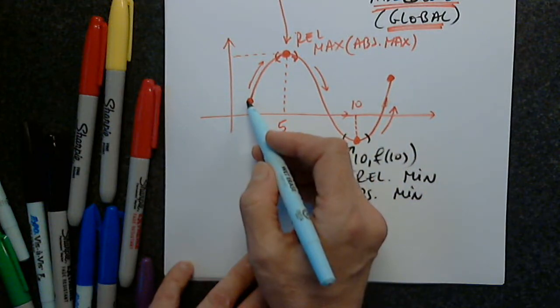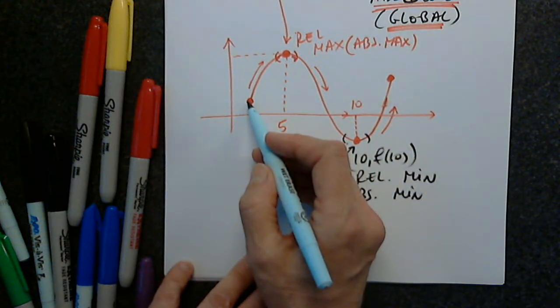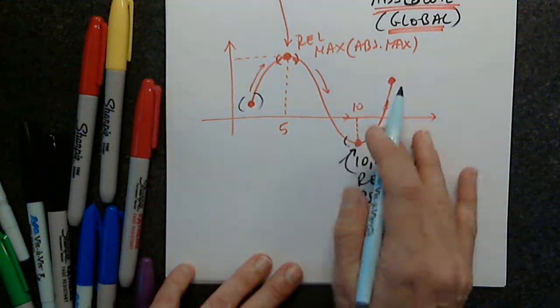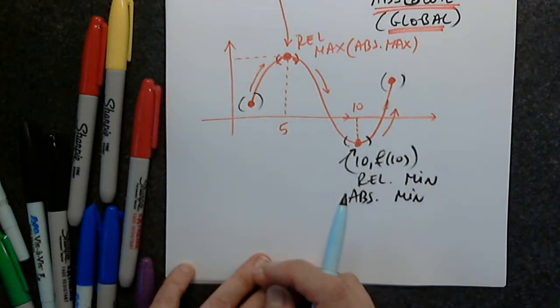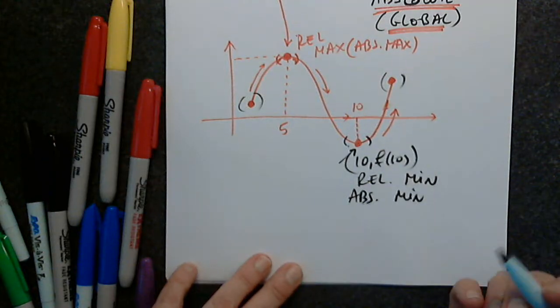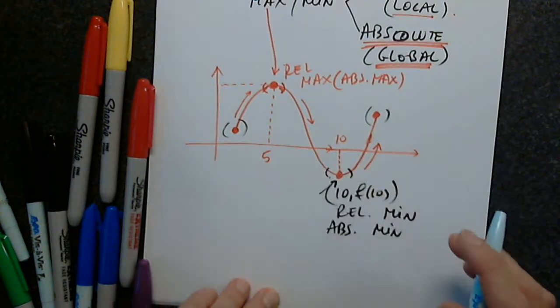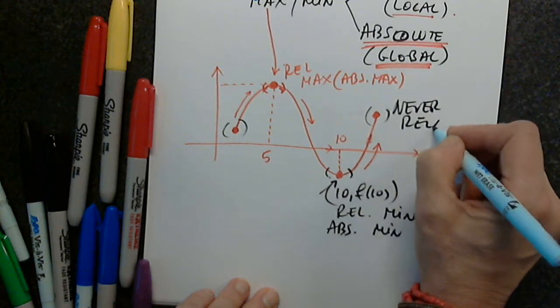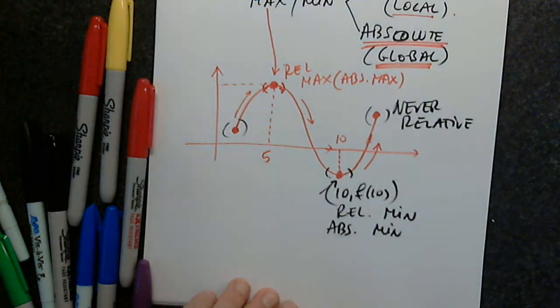What about this point? This point cannot be a local because I cannot show the open interval on both sides. So the endpoints of the interval can never be local. They could be global, but never local. Never relative. Max or min, the endpoints.